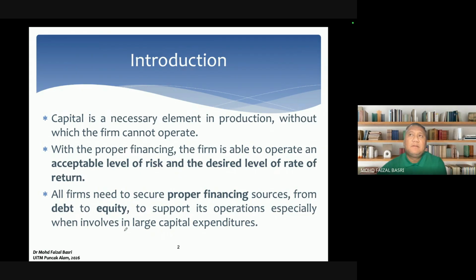Sebab unlike short term yang ada some yang kita gunakan the funding from the bank, okay, kita pinjam short term bank loans ataupun we use the revolving credit, itu semuanya datang daripada bank. So dalam case kita ni long term financing ni, we tak take into consideration the options of borrowing from the banks.